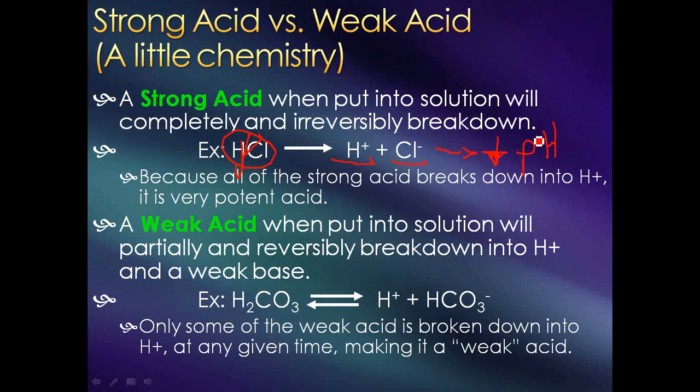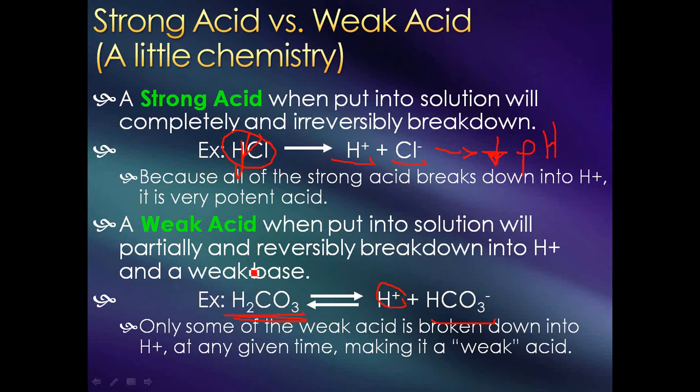Now, weak acids, on the other hand, don't give off all of their hydrogen ions. They only partially break up, or what's referred to as partially dissociate. So we're going to see some of the molecules staying all bound up like this, and some of them breaking off and giving off a hydrogen ion and its other components. In this case, we're looking at the weak acid carbonic acid.